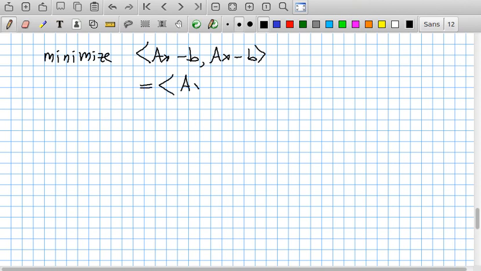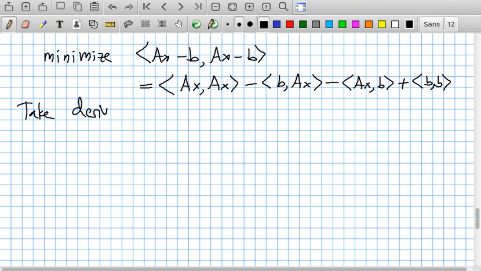So let's see, ax minus b, ax, minus ax, b, plus b, b. Okay, right. Now we're going to take derivatives and set equal to 0. That's what we're going to do next.